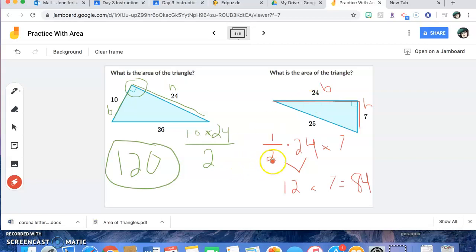If I take half of 24 first, my numbers get smaller, and I get 12, and then I can do 12 times 7 in my head, which is 84. I could have also done half of 7 and then times 24, but I don't want to do that because half of 7 is 3.5, and I'd rather not deal with decimals when I don't have to.